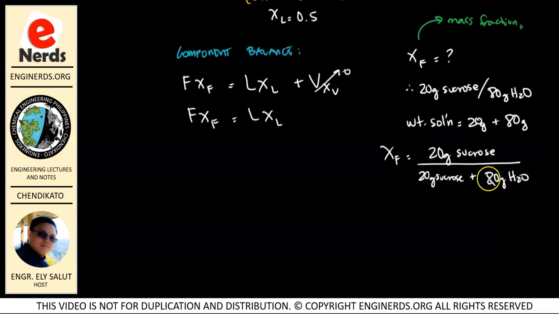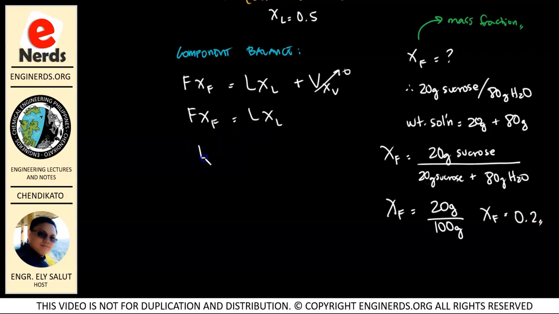So, ito na yung mass ng ating solution. No? So, therefore, our XF is actually equal to 20 grams over 100 grams. So, therefore, our XF is equal to 0.2. Okay, so alam na natin yung XF. Alam natin yung F, alam natin yung XF, and alam natin yung XL. So therefore, makukuha na natin yung value ng ating liquor.